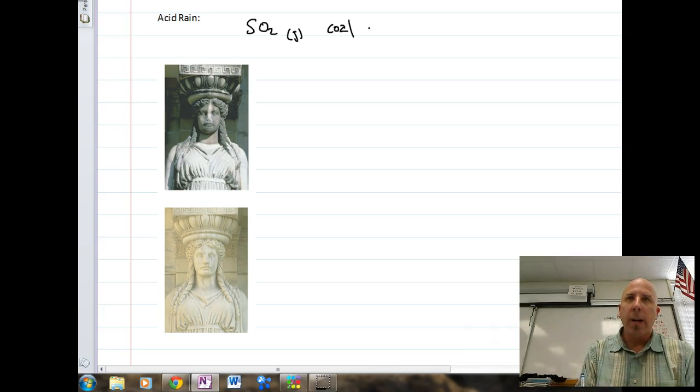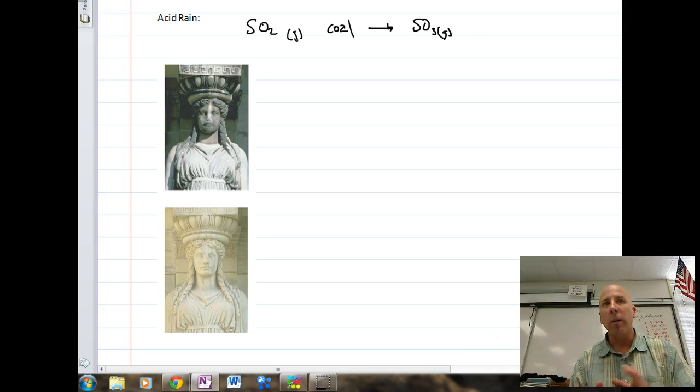And what happens is the SO2 is easily converted into SO3 gas in the atmosphere. SO2 is also a component of smog that you might see sometimes if you drive over to Los Angeles. You see this kind of hazy, gross-looking layer up in the air. That's smog, sulfur dioxide.